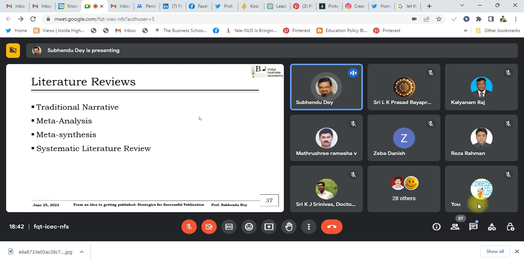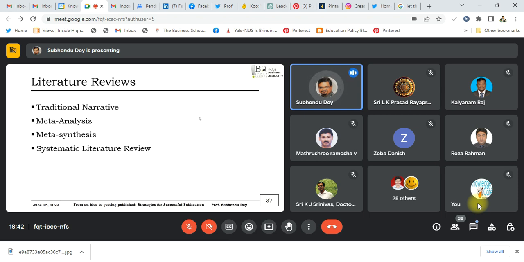Systematic literature review. Now, the good part about it is that for a young researcher, one can always be a little more systematic and get into systematic literature review, which will help you keep track of the entire literature very easily. In this, the methods used to identify and select the literature are very clear.